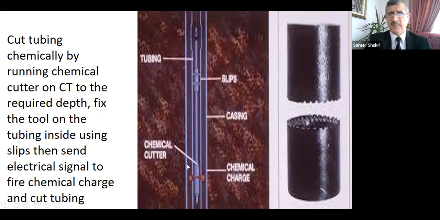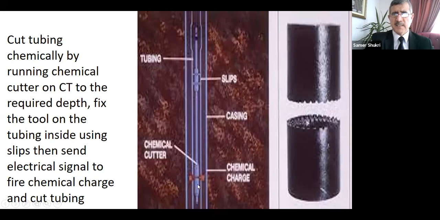After that, we can send an electrical signal to the chemical cutter, and we have a chemical charge here. This chemical charge has a very high temperature, and it will be directed to the coil tubing.